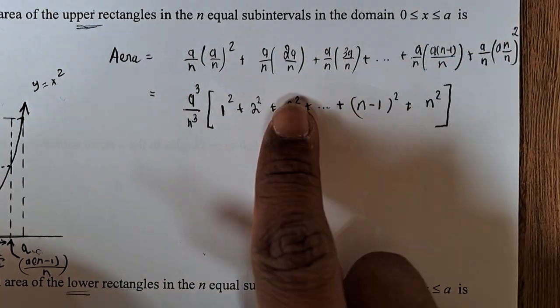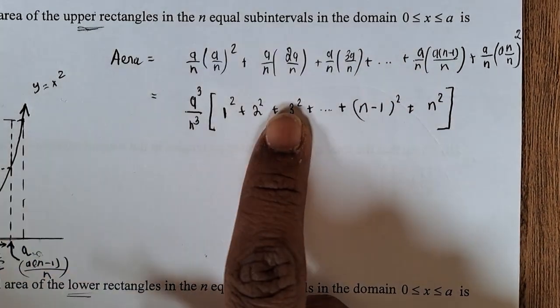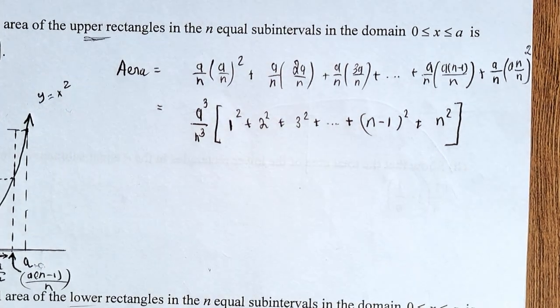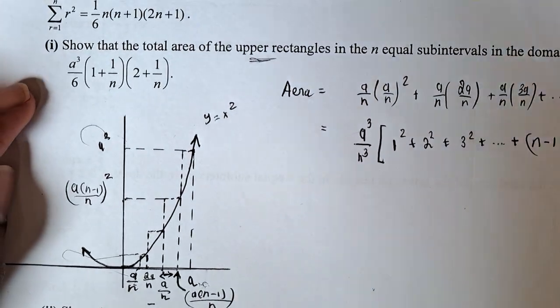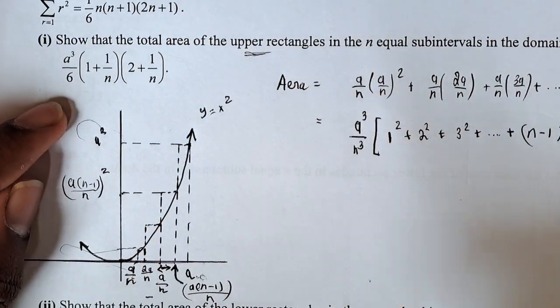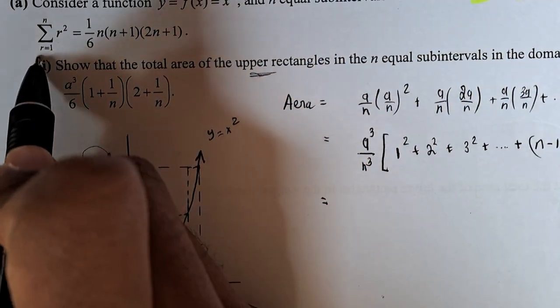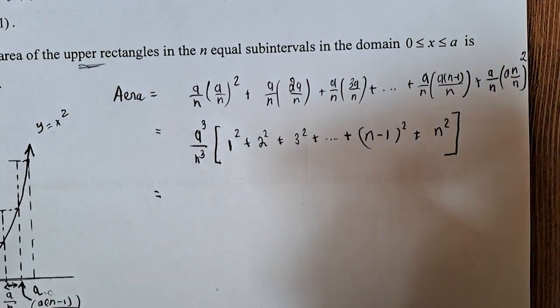So when we take out a cubed n cubed from 3a cubed n cubed, we're just going to end up with 3 squared. And getting it in this form is very useful, because now we can apply the information that they've given us here, to substitute this as the sigma notation, the sum of. Alrighty, that's why they're giving it to us.